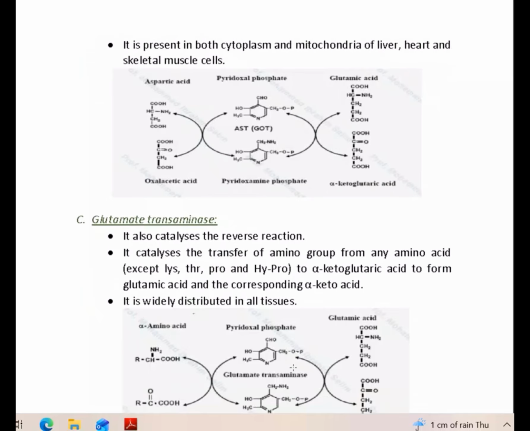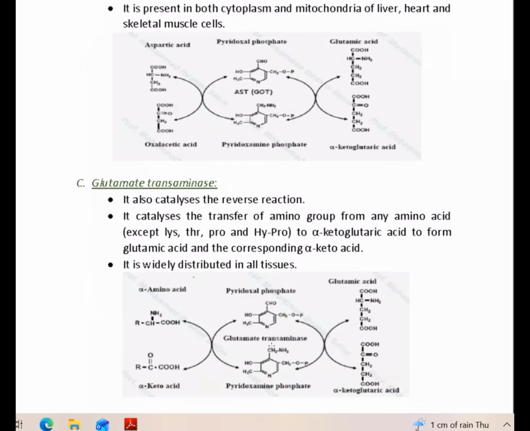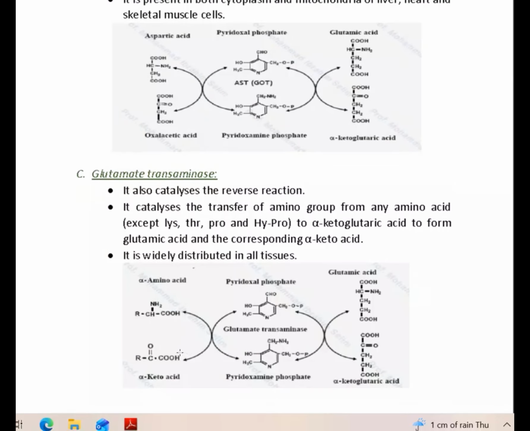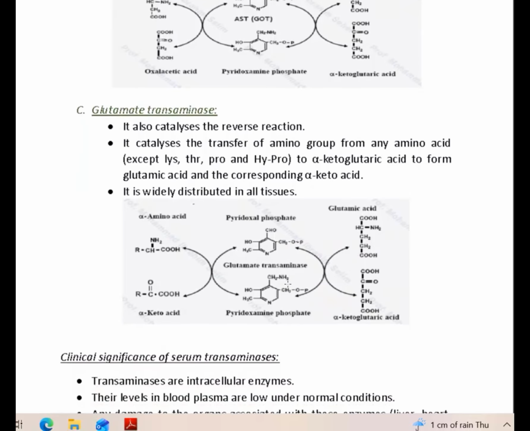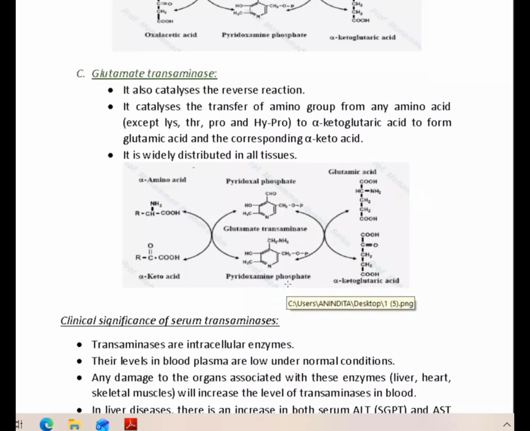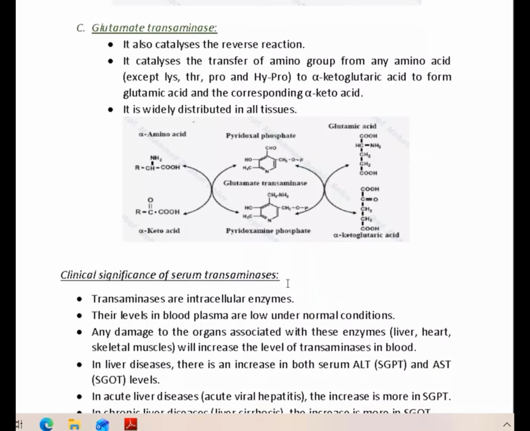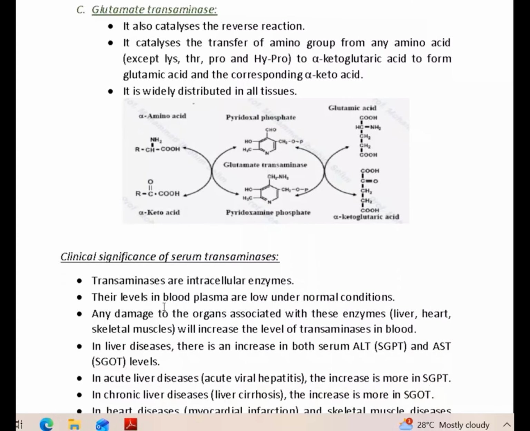Now, what is the clinical significance of serum transaminase? Actually, transaminases are intracellular enzymes. Their levels in the blood plasma are low under normal conditions. So any damage to an organ associated with these enzymes, like the liver, heart, or skeletal muscles, will increase the level of transaminase in the blood. In liver disease, there is an increase in both serum ALT, that is SGPT, and SGOT levels.